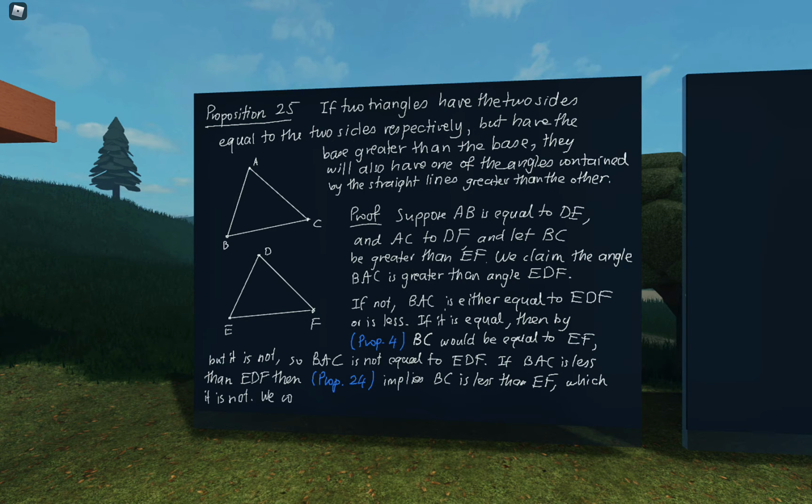So we conclude that the only possibility remaining is the one that we claimed, namely that BAC is greater than EDF. So, I mean, this is just bookkeeping. It's a direct consequence of proposition 24. Any questions?